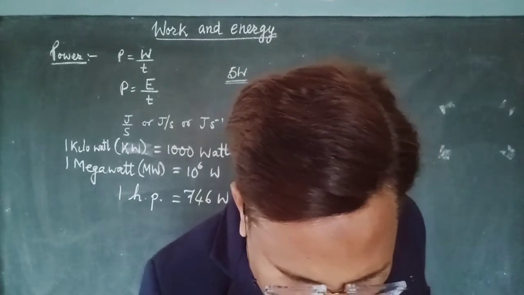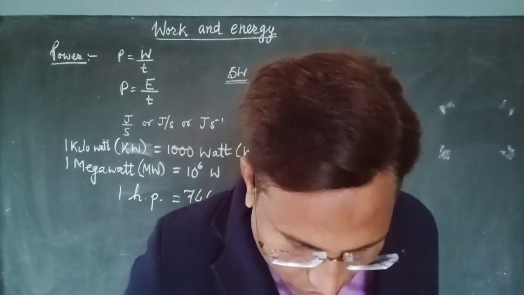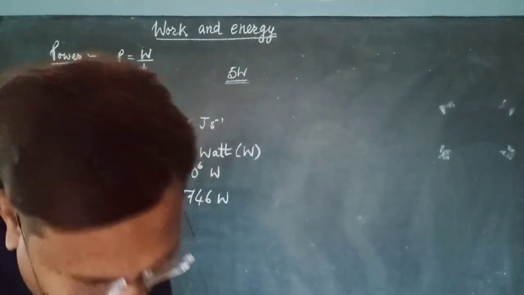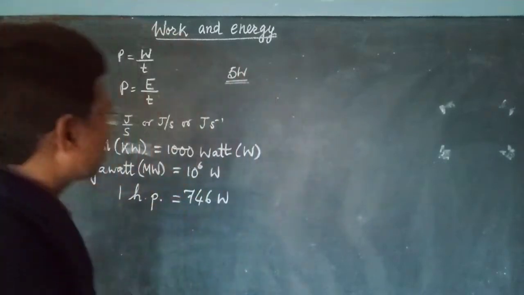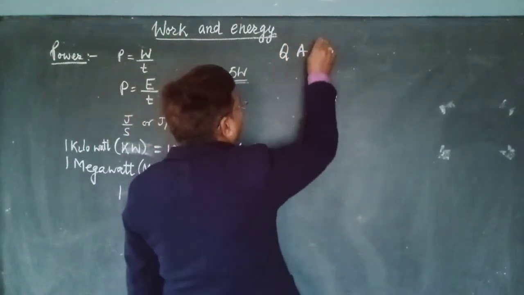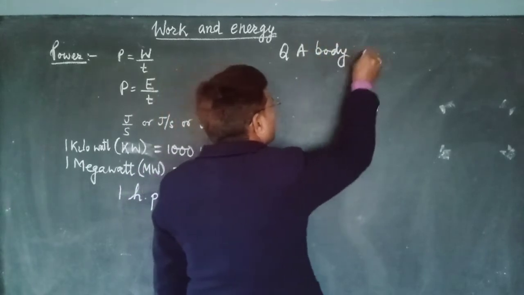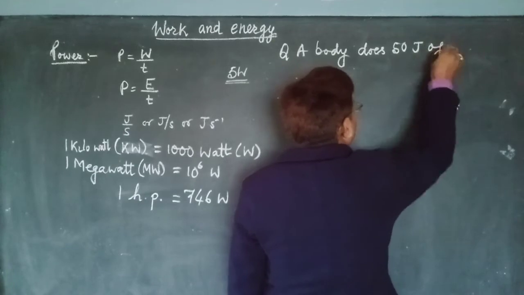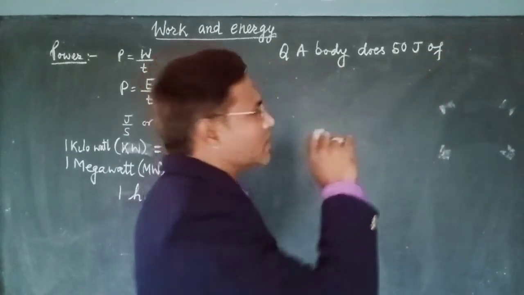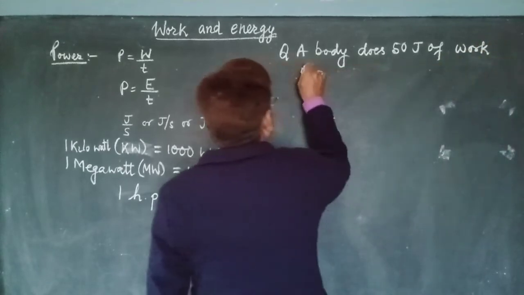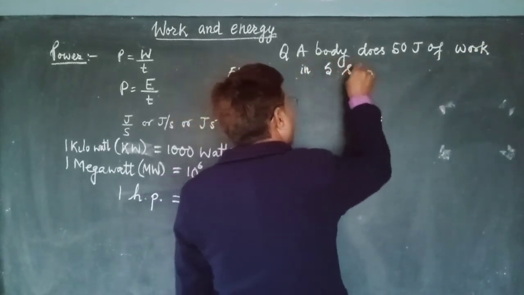Let us solve one numerical based on this formula. Suppose we take a question: a body does 50 joules of work in 5 seconds.